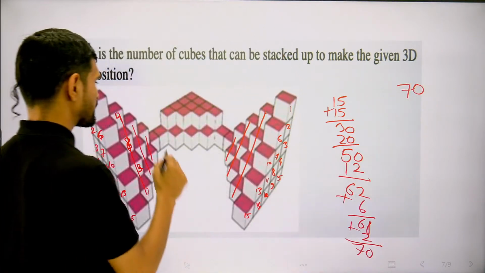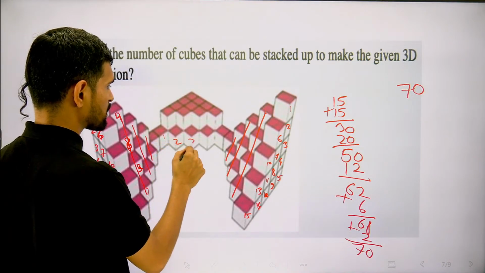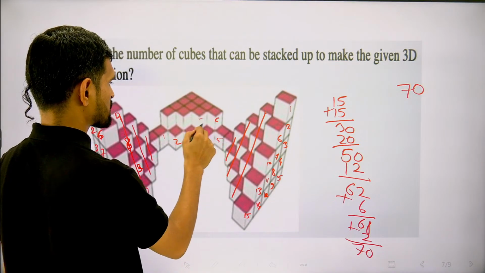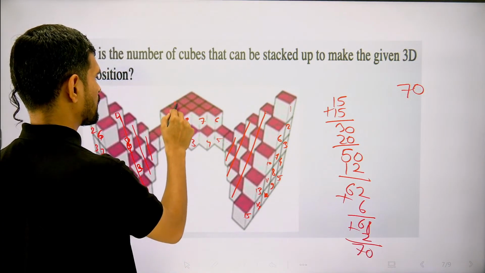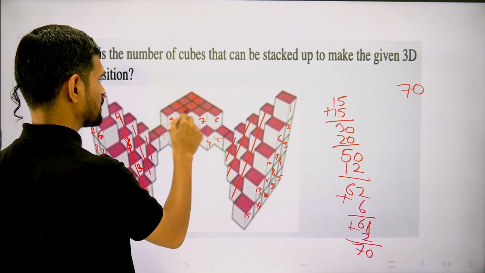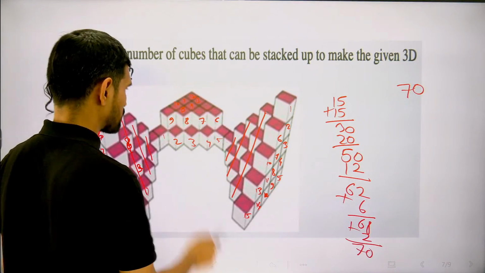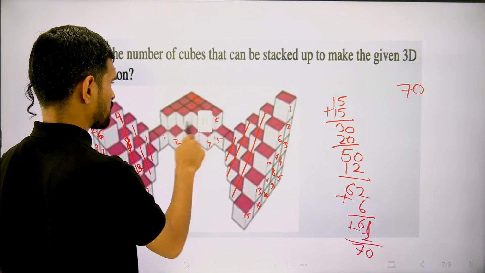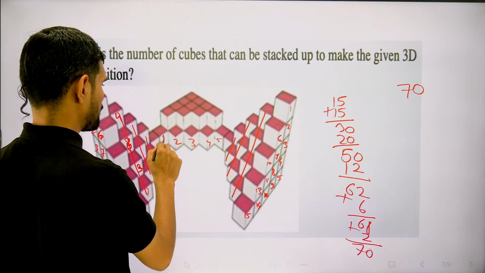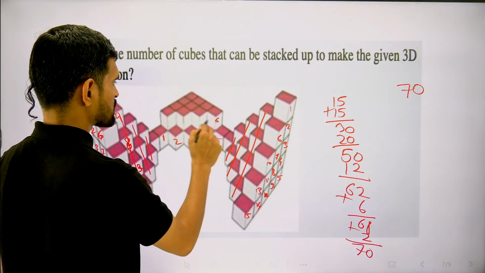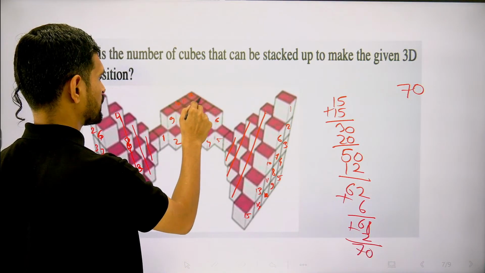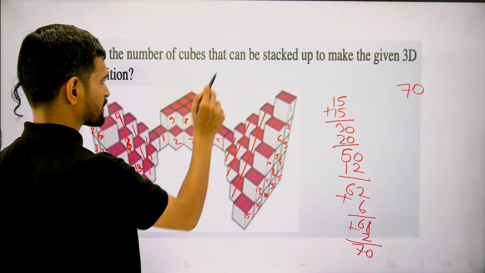Right. After the 70, 1, 2, 3, 4, 5, 6, 7, 8, 9, 10, 11, 12, 13, 14, not 15, but 14. Right, so this will be 1, 2, 3, 4, 5, 6, 7, 8, 9, 10, 11, 12, 13, 14, 15, and 16.